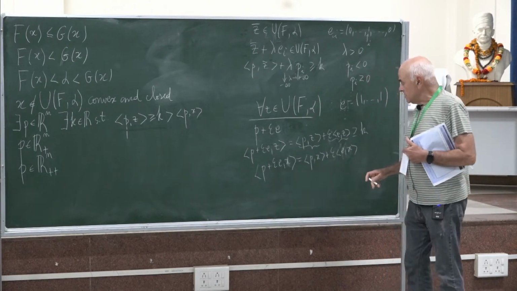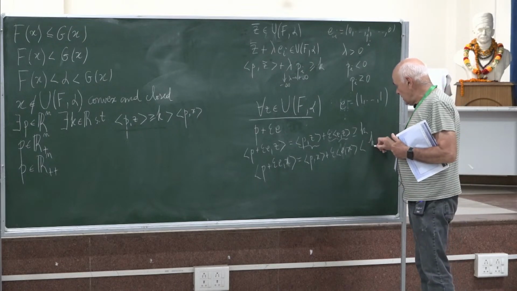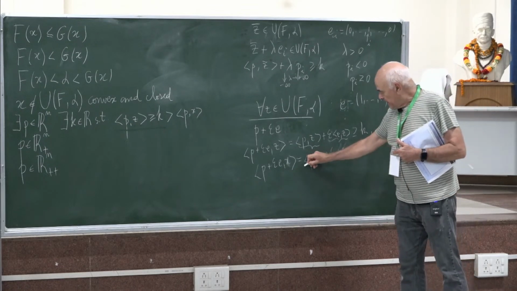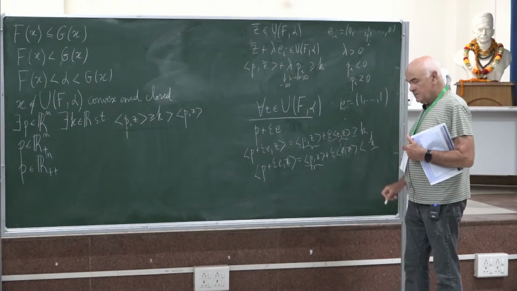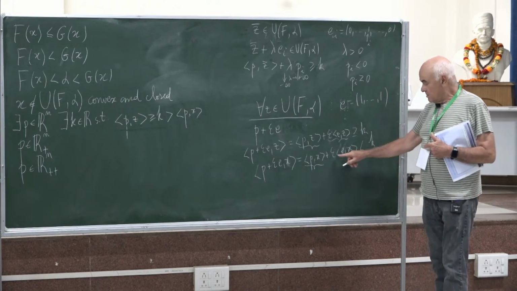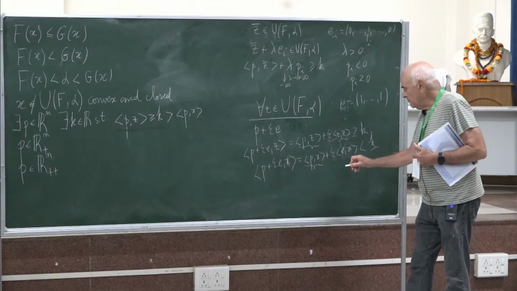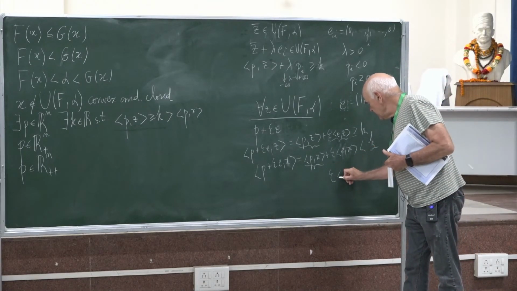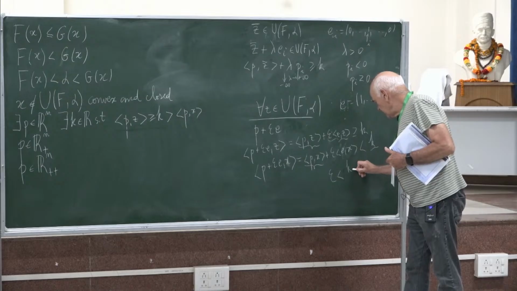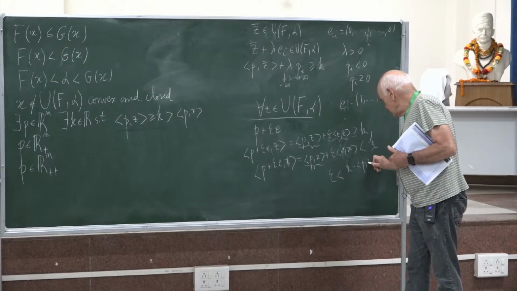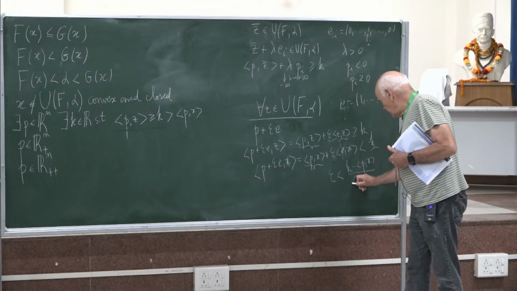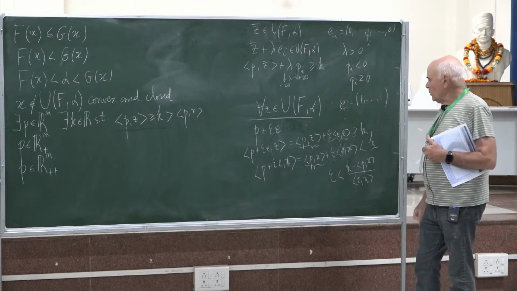And if I want it smaller than K, because Px is smaller than K, I can achieve this just by taking epsilon small enough, namely epsilon smaller than K minus Px divided by Ex, which is positive.